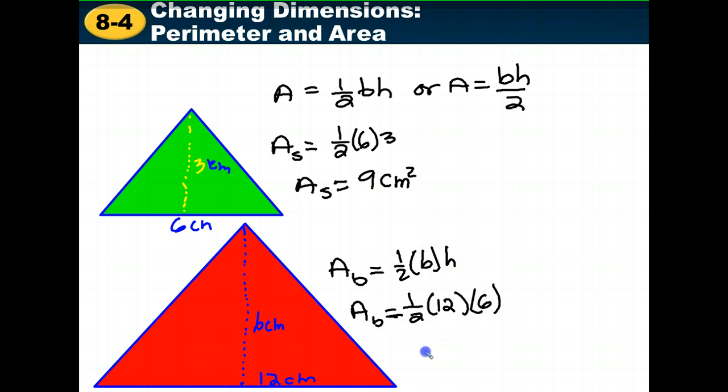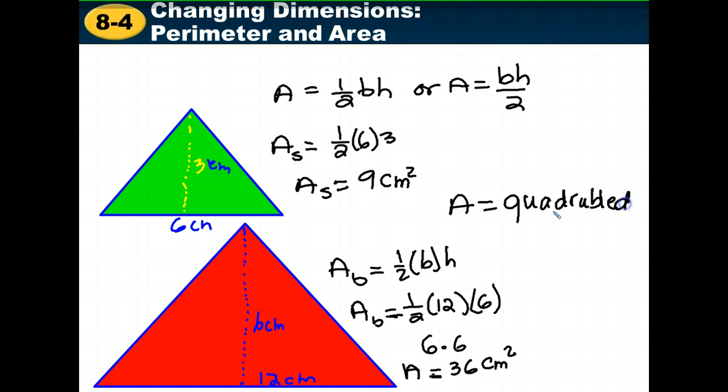So half of 12 is 6, times 6 is 36 square centimeters. All right, and then here we can clearly see, when we do 36 divided by 9, that the area quadrupled from the area of the little one when we double the size.